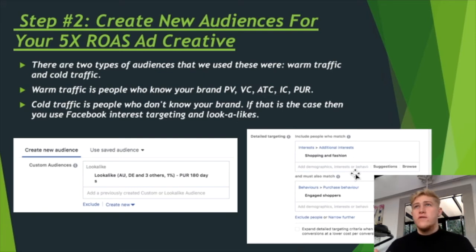What I normally use on clothing brands is actual other brands, like Gucci, ASOS, stuff like that. And I narrowed down by engaged shoppers because that means Facebook will find people who have recently purchased. You don't just want window shoppers. So that's the first type of cold traffic, and the second type of cold traffic is lookalike audiences.